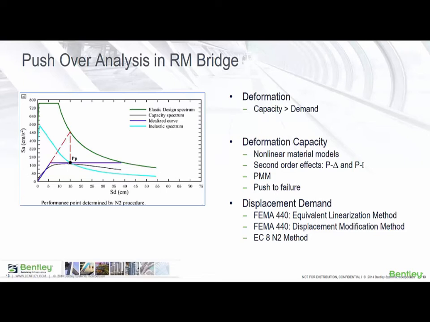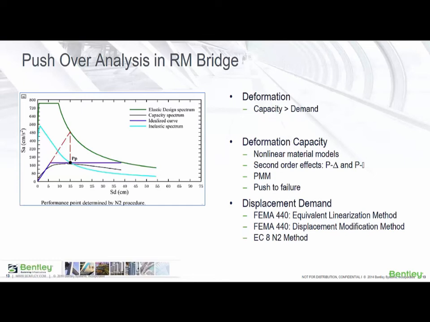The typical method of computing the performance point where capacity equals demand is illustrated for the Eurocode 8 N2 method. Here an ADRS curve, acceleration-displacement response spectrum curve, instead of the conventional acceleration versus time period curve, is used.